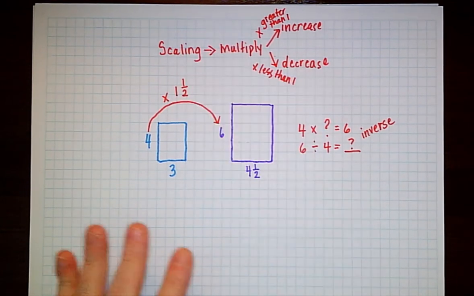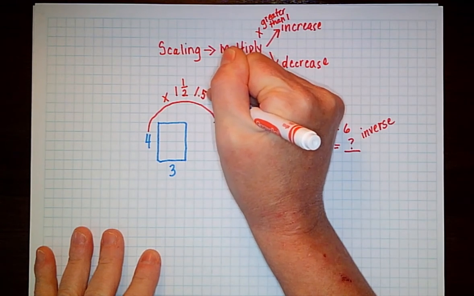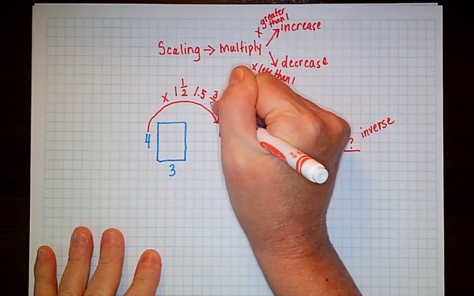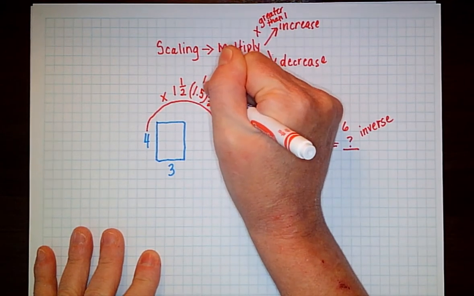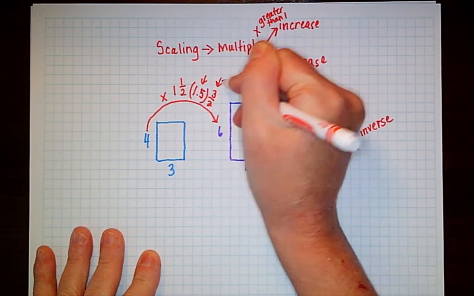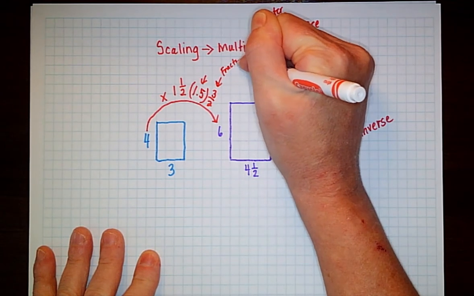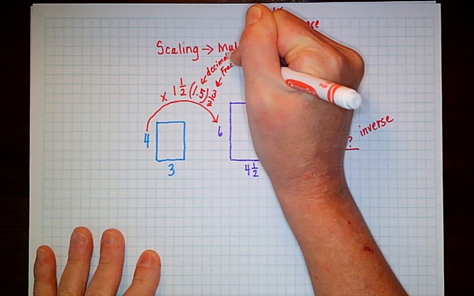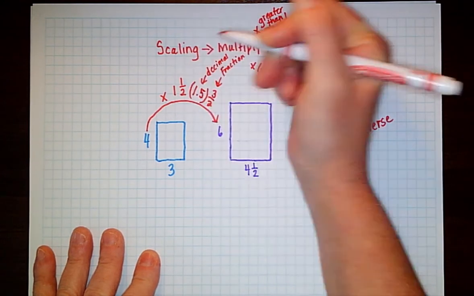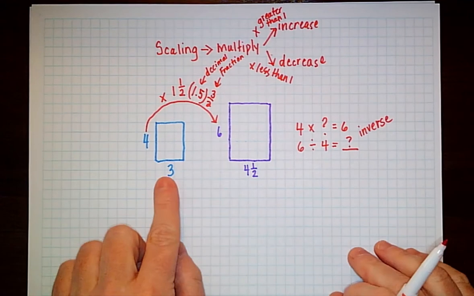1.5 can be written a lot of different ways: 1.5, or 3 over 2. This is a decimal, and this is a fraction greater than 1. So what about this?